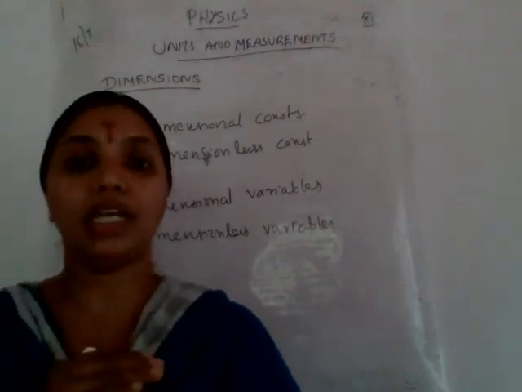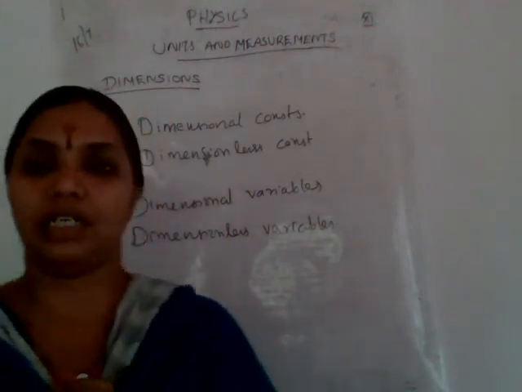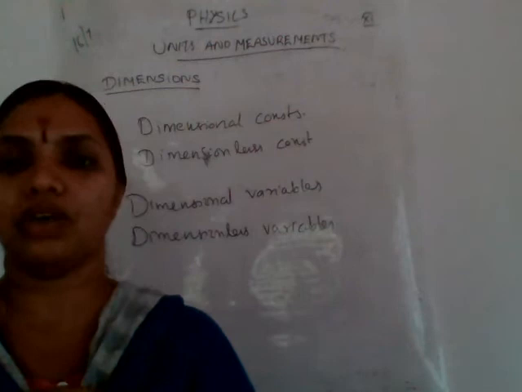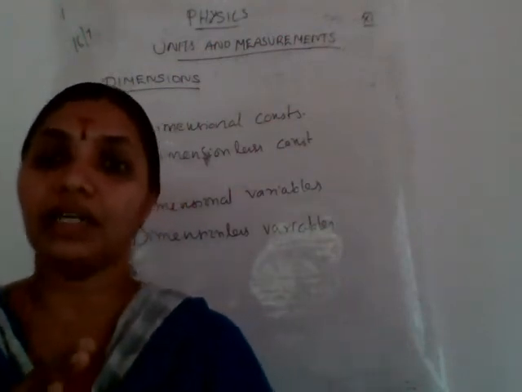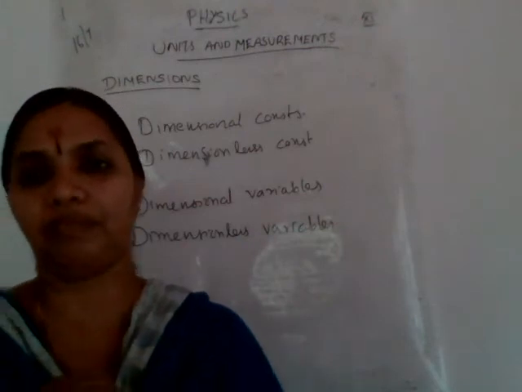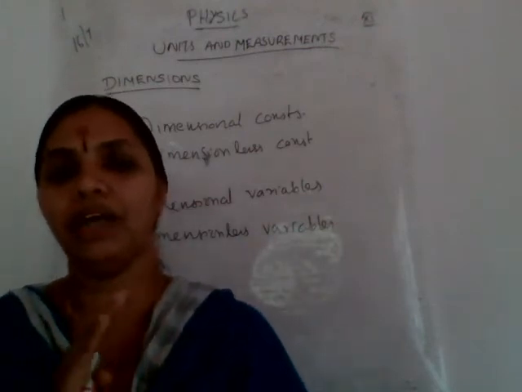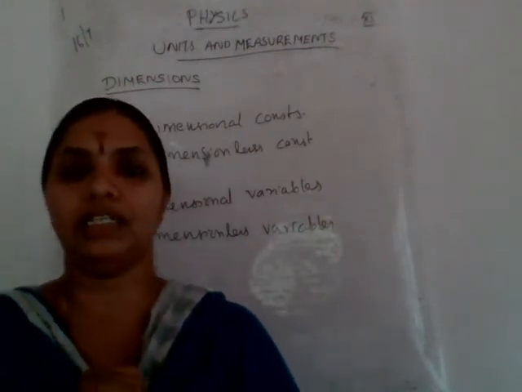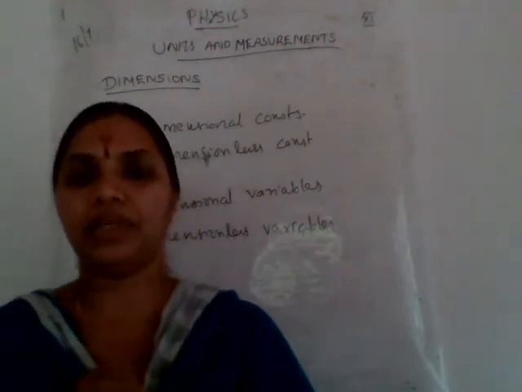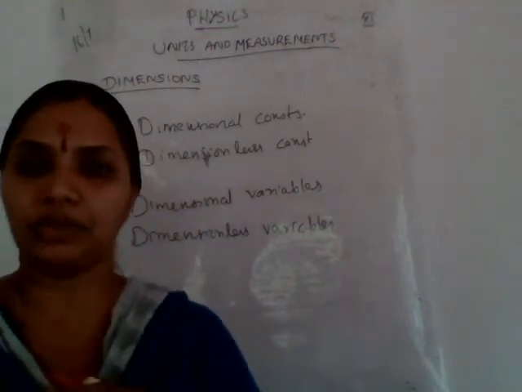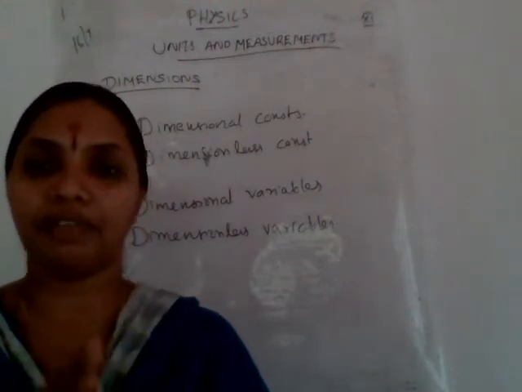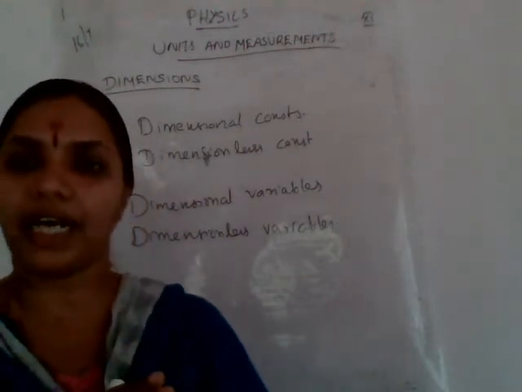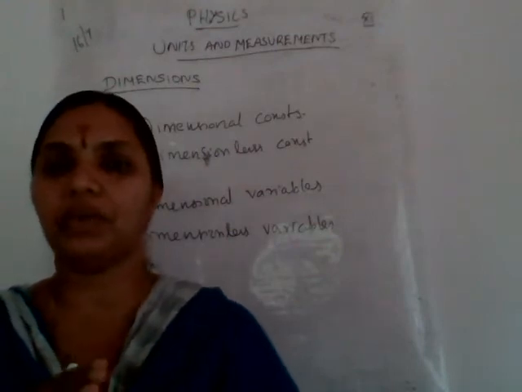Then dimensionless constant. So what is that? They are constants, but they don't have dimension. That is, they don't have unit. Isn't it? They don't have unit. Can you tell me one example for that? Last year you studied in the chapter light. You studied about the refractive index. Isn't it? Refractive index. It is a constant for a particular medium.